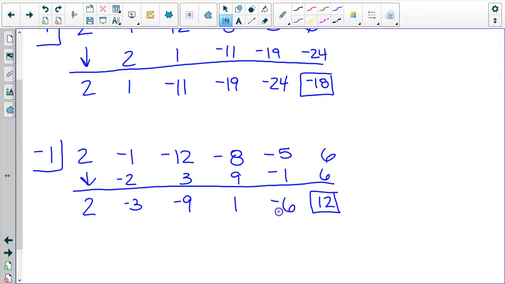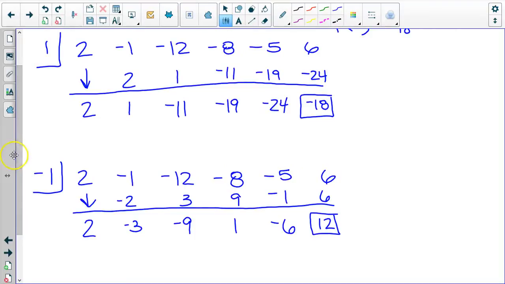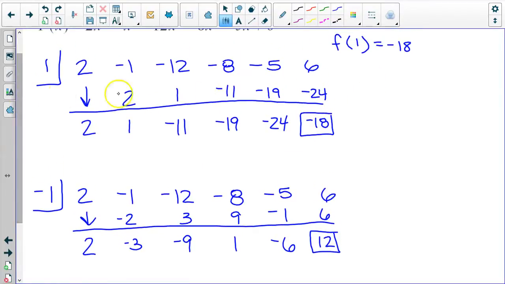So here's something I want to tell you, though. This is why I showed you the intermediate value theorem. f of 1 was negative 18, but I just found that f of negative 1 is positive 12. That's negative, that's positive.